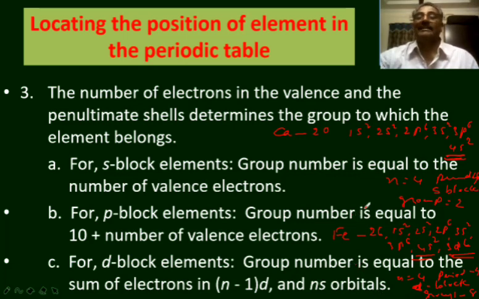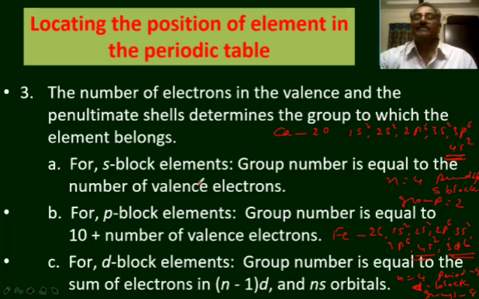In this way, from the electronic configuration of the element, we can find the position of an element in the periodic table. The valence shell gives the period number. The orbital in which the differentiating electron lies gives the block.